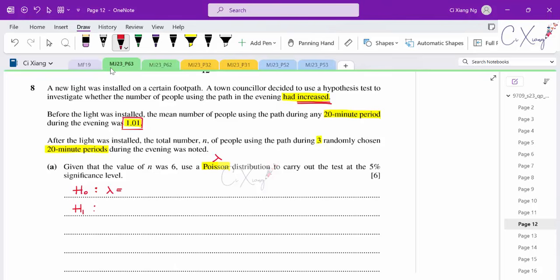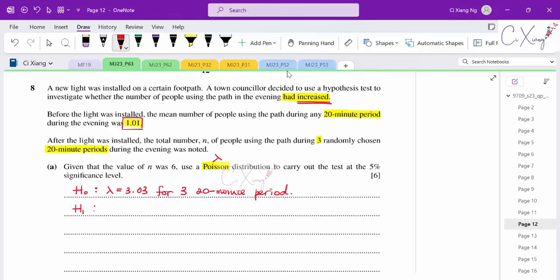One 20-minute period is 1.01, therefore 3 randomly chosen 20-minute periods will be 3.03. So you can write lambda equals 3.03 for 3 20-minute periods. Of course, some of us might use lambda equals 1.01 for a 20-minute period, which also works. So this is my null hypothesis.